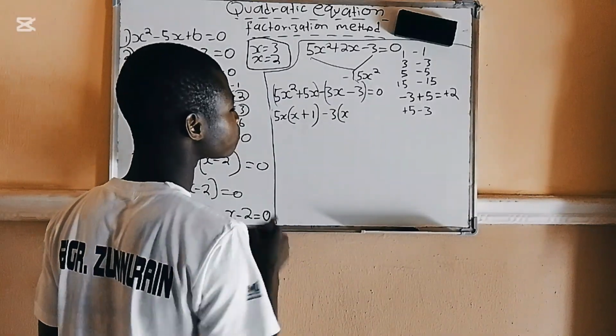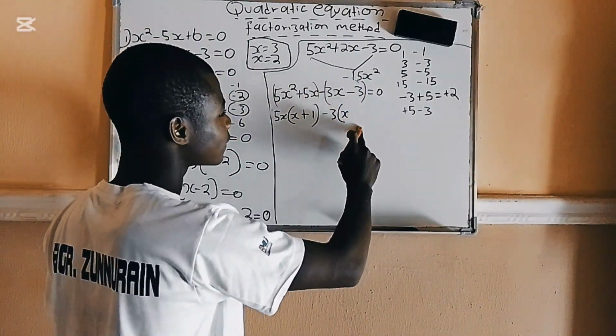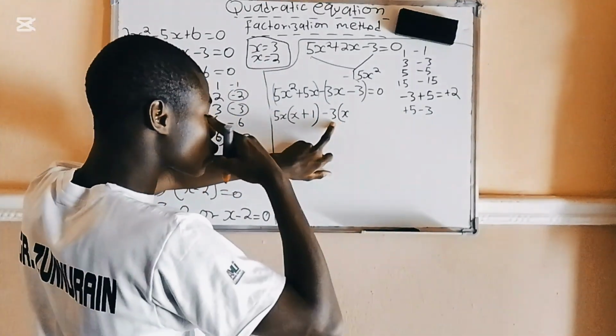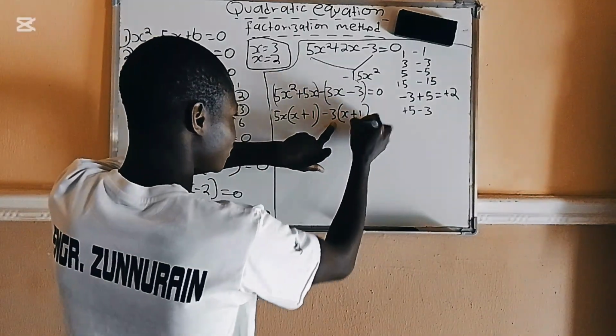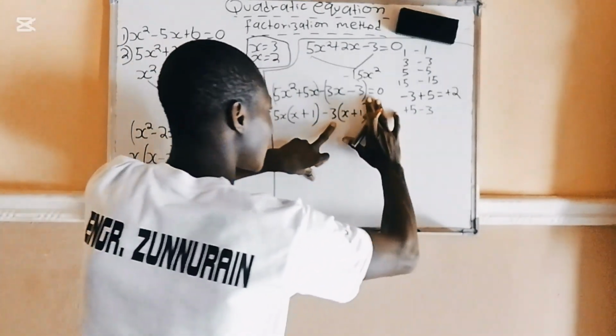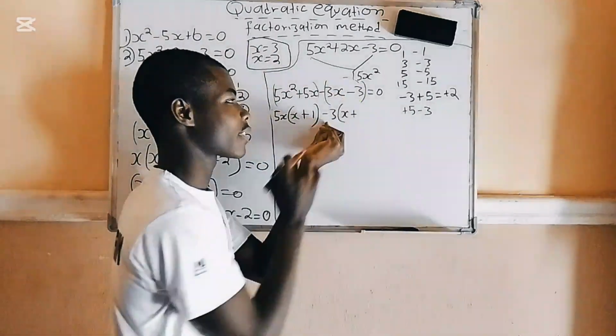And therefore, minus 3 multiplied by what to give me minus 3? Okay, it is positive 1. As how? Tell me how. The reason is that I just want to get minus 3.